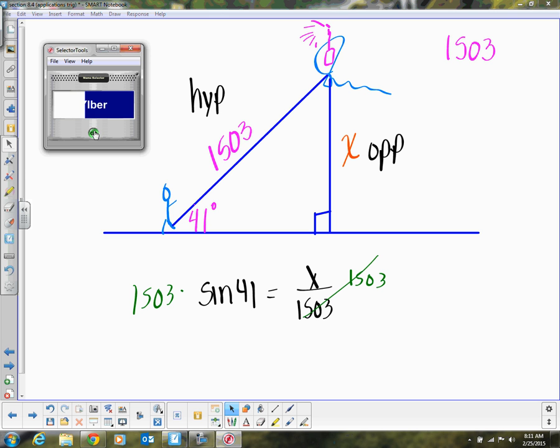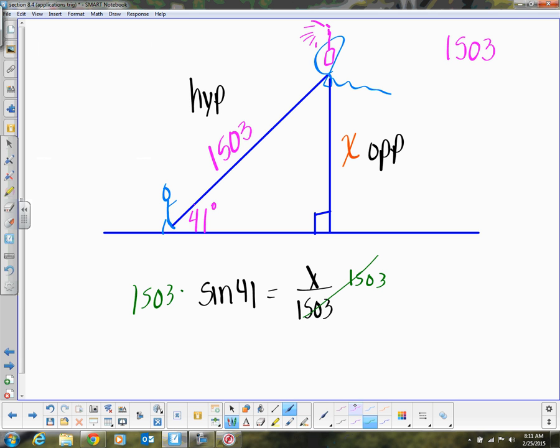Alright, so hopefully your calculator's out and working, but what is it? You got it? No, we didn't get it. I passed over. 986.05. Alright.